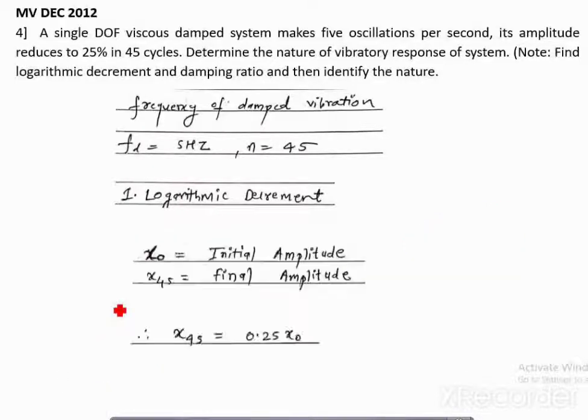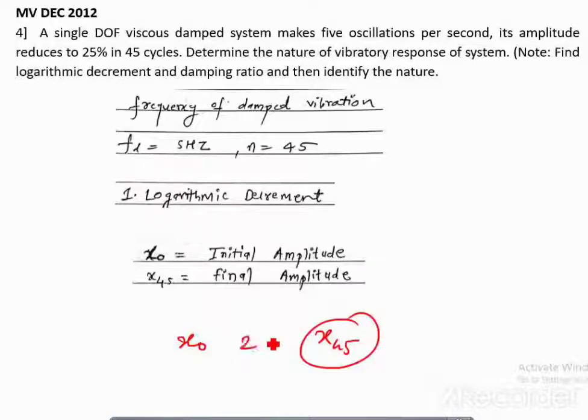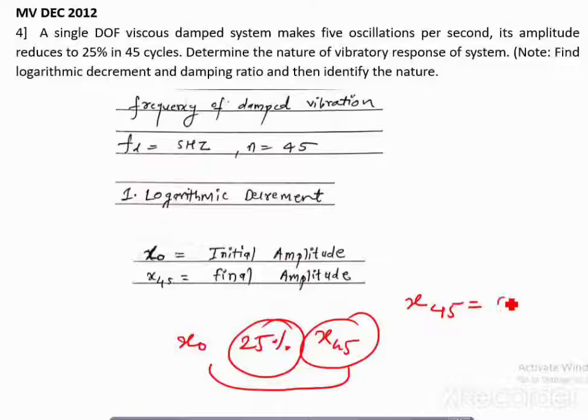Now, what they have said is its amplitude reduces to 25% in 45 cycles. Means the initial amplitude was x0, and after 45 cycles it has reduced to 25%, which means x45 is equal to 0.25 times x0.